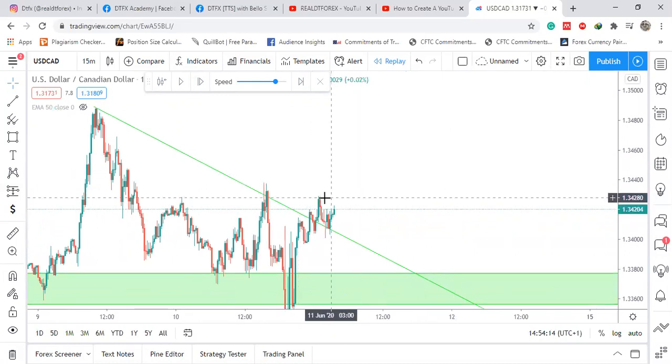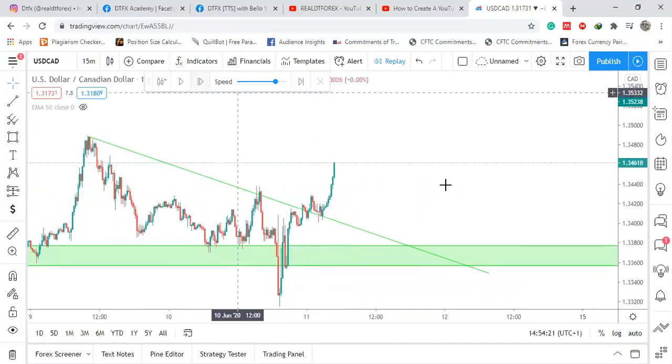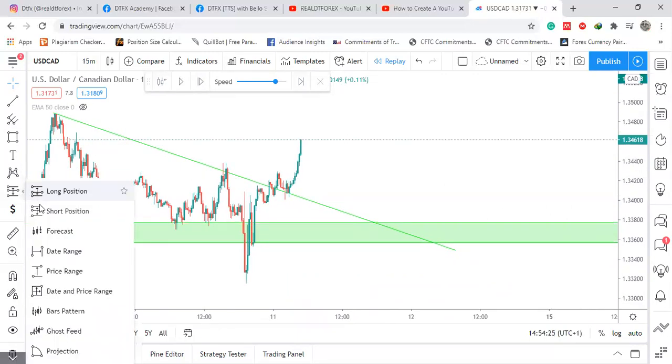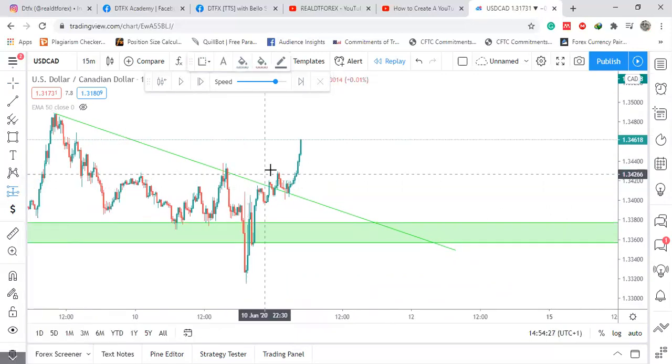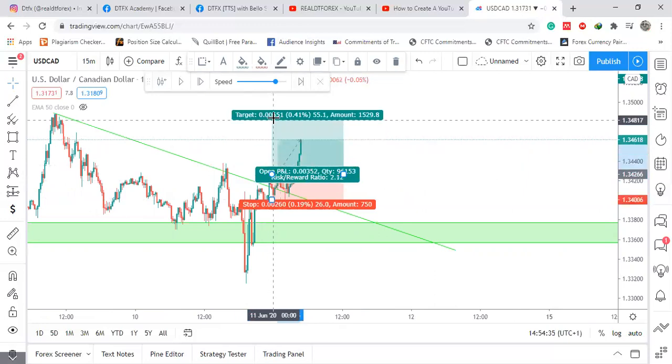But someone can take this too, though it's very rare. If you are taking this, as I said, this will be a buy stop. You'll be taking a buy stop now. Stop loss will be below the formation here. You target your 1 to 3.